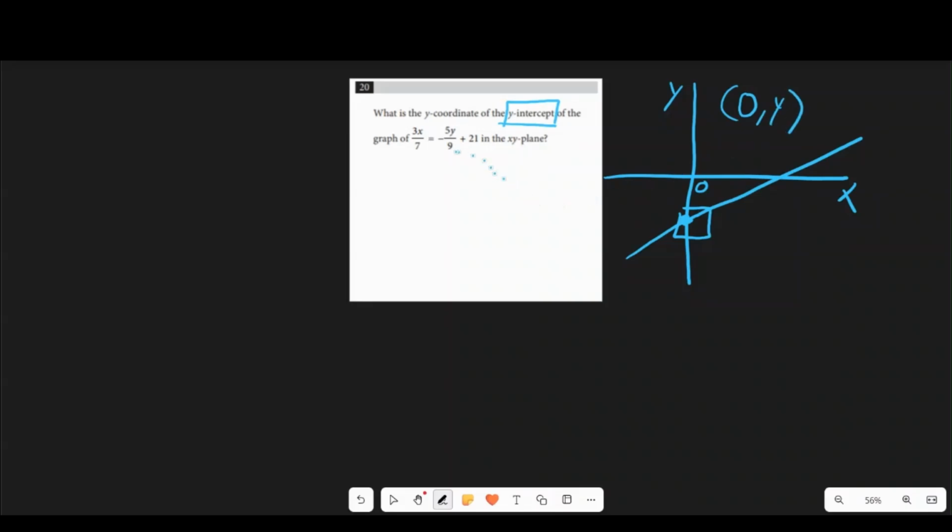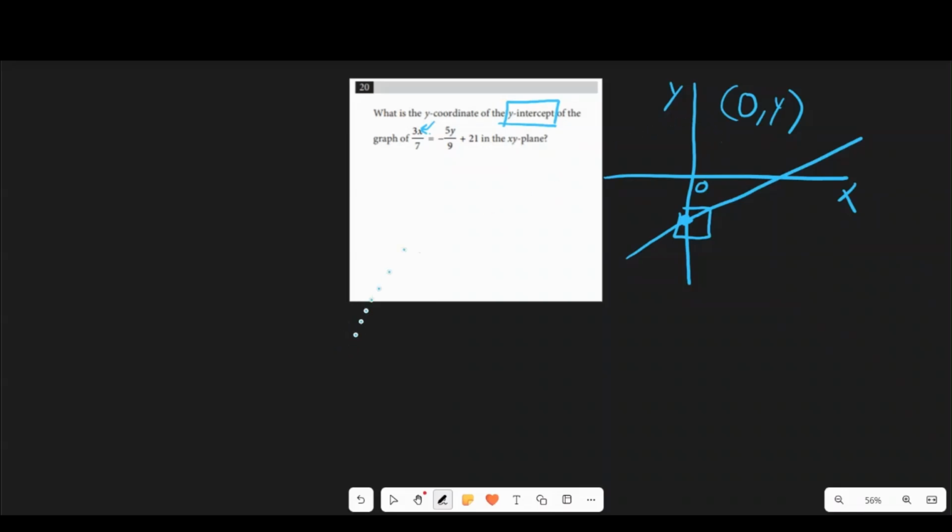So we can use that to our advantage when solving this equation because they're asking us what is the y-coordinate of the y-intercept. Since it's a y-intercept, we can just plug in 0 for x, because remember, y-intercepts always have 0 for their x coordinate.